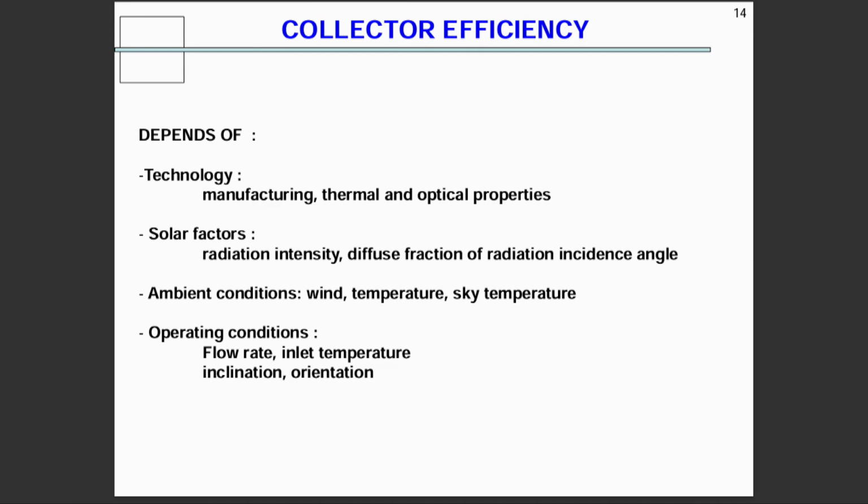The efficiency depends on the technology. I said, should we have a collector with copper, with very selective coating, and ambient conditions are very important. If you have a flat plate collector without cover, that means without glass cover, the wind is very, very important.